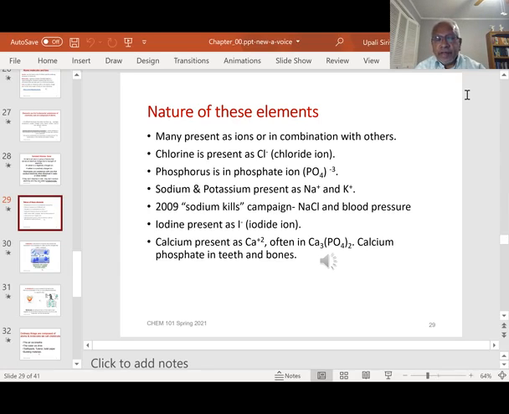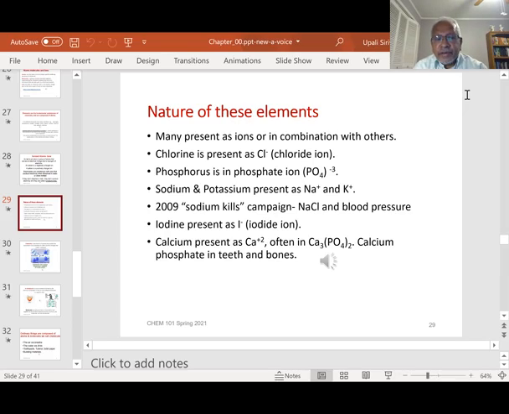Chloride is present as a negatively charged anion with the sodium cation. Phosphorus is present in phosphate, calcium phosphate. Calcium is the positively charged ion, the cation, and the phosphate is the negatively charged ion.